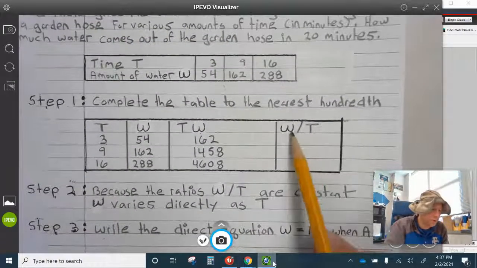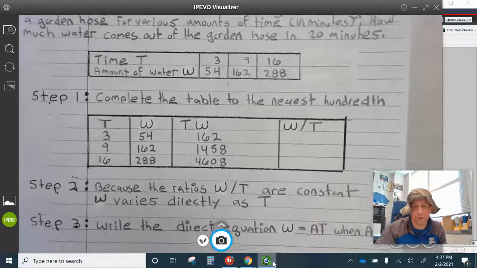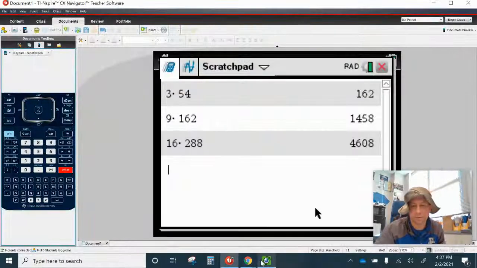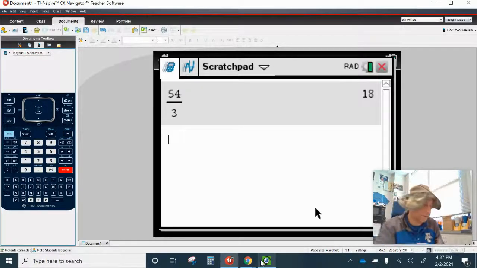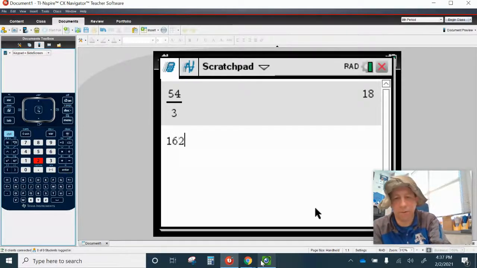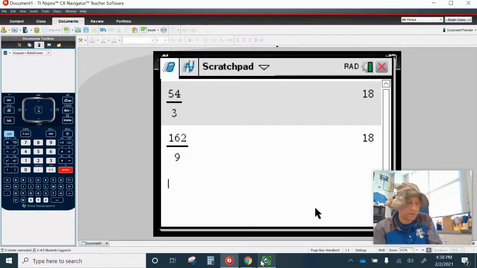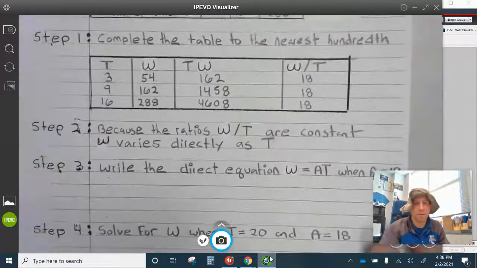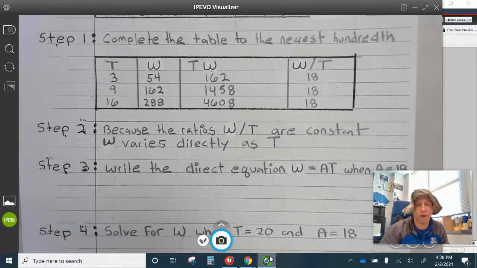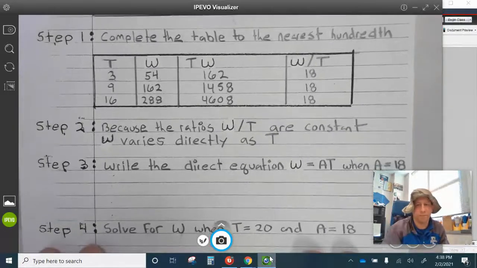Now we need to do W divided by T. Okay, so let's do that now. So 54 divided by 3 is 18. Okay, 162 divided by 9 is 18. And then 288 divided by 16 is 18. Okay, because the ratios W divided by T are constant, W varies directly as T.